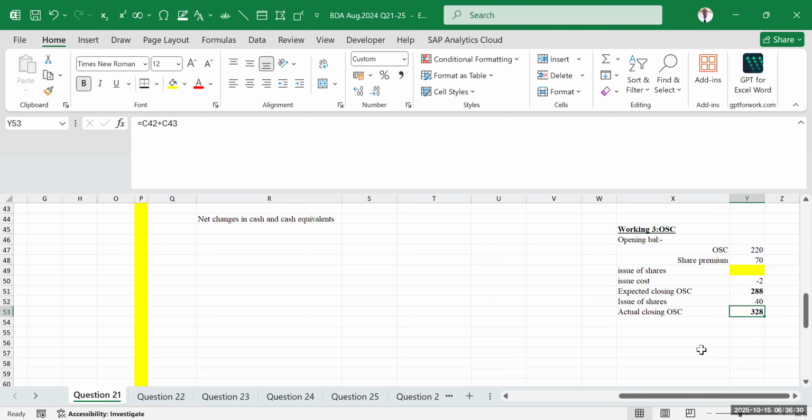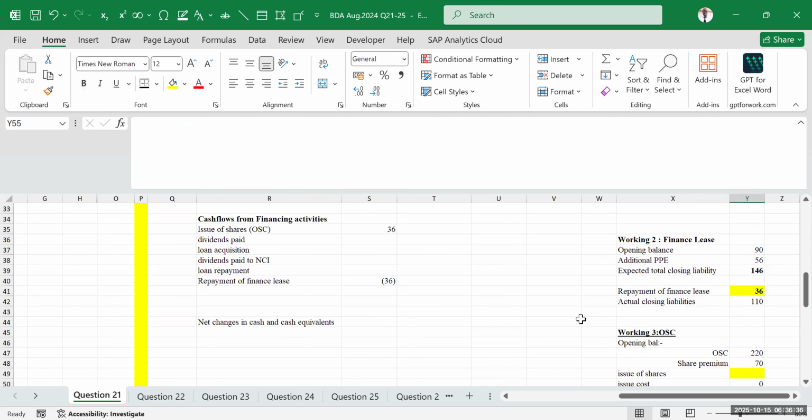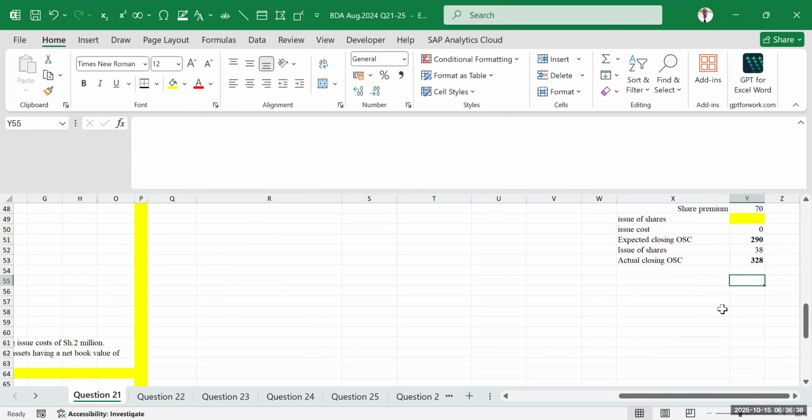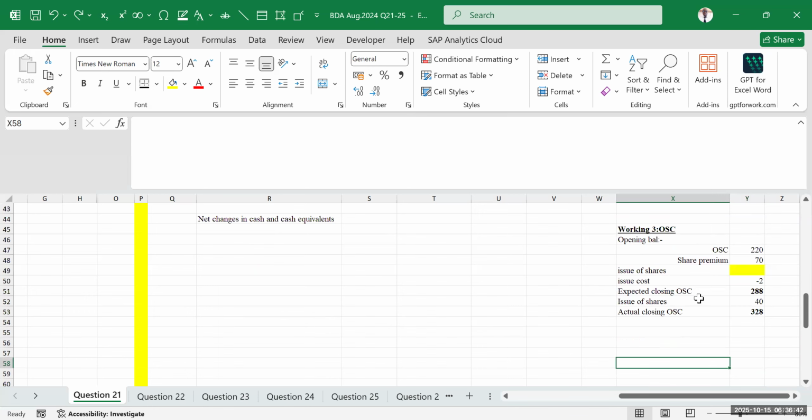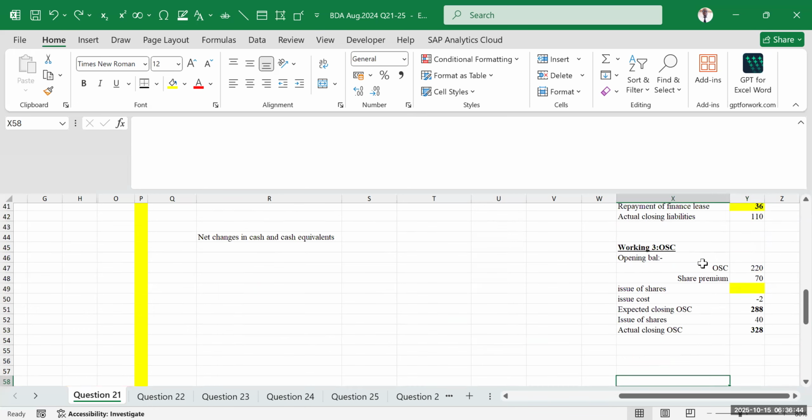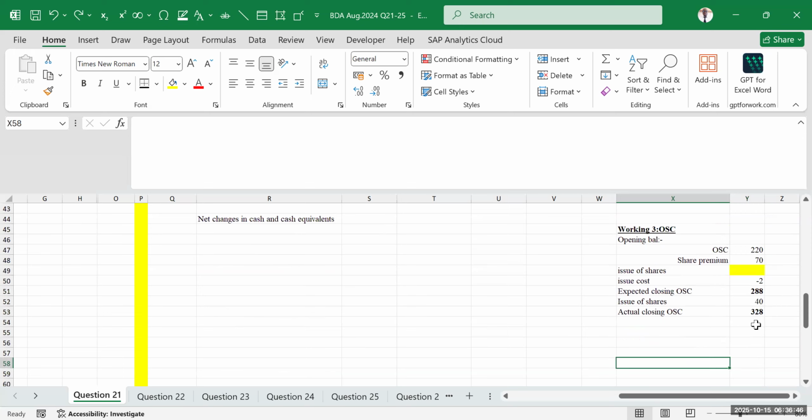I'm just wondering why the difference is coming to 40. If I adjust it to 38, this is now guesswork, and I don't want to go that route. Opening, we compare with closing, then we take care of the issue cost. I don't know why it is coming to 40.